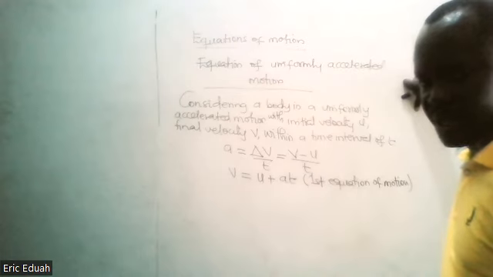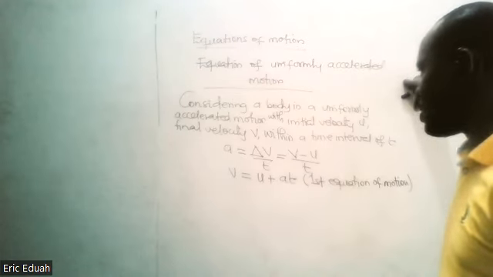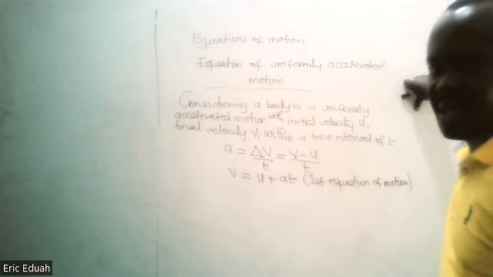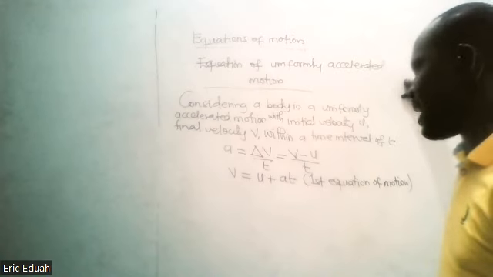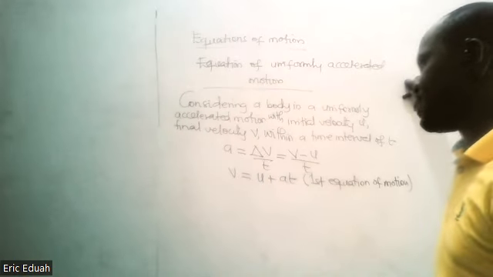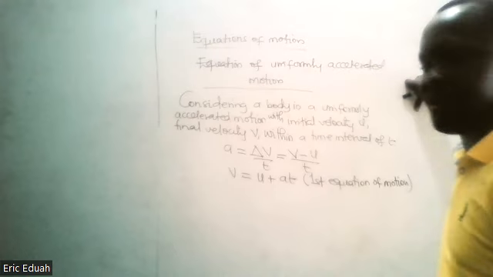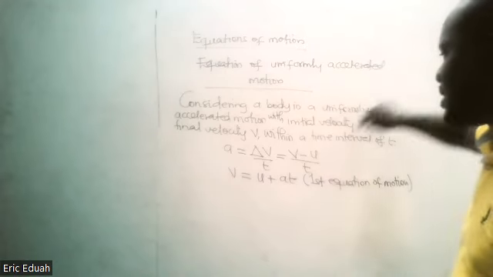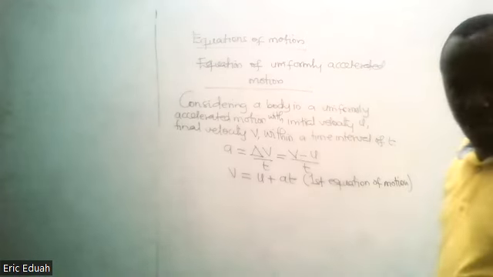So if you have an accelerated motion in this manner, how do you calculate the acceleration? Acceleration is change in velocity with respect to time, so the acceleration of the body here would be final velocity v minus initial velocity u, divided by the time interval. Are you okay?